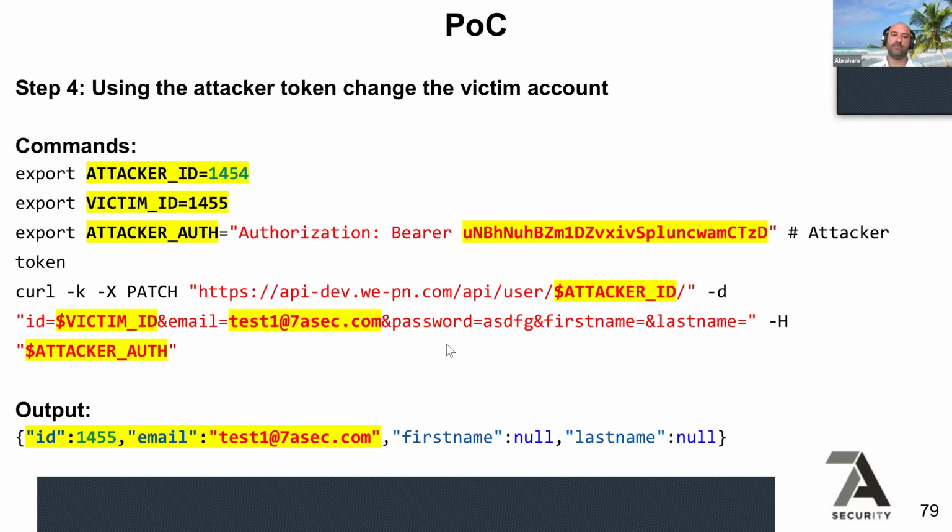So what we are doing here is we are seemingly trying to update our own profile, right? So we are logged in as the attacker, and we are trying to update our profile, so this looks legit.